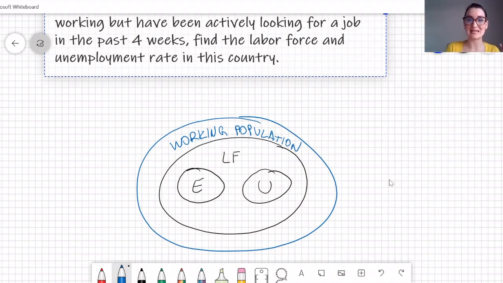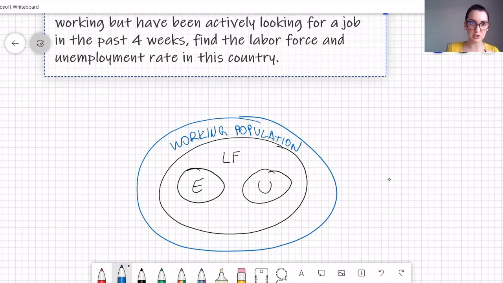Obviously not all people are in the labor force. People that are a part of the labor force are either employed or unemployed. We just explained that employed people are those working full-time or part-time making profit, and unemployed people are those who don't have a job but have been actively looking for a job in the past 4 weeks. What if they stop looking for a job? What if they don't want to work? For example, stay-at-home moms, they chose not to work. Then they're not a part of the labor force, but a part of the working population.